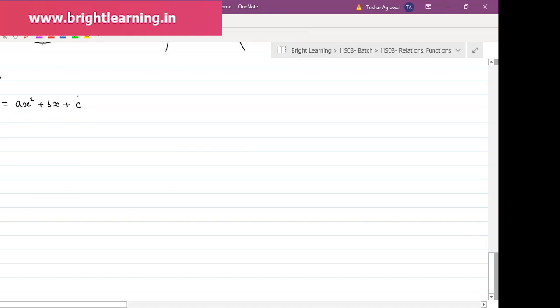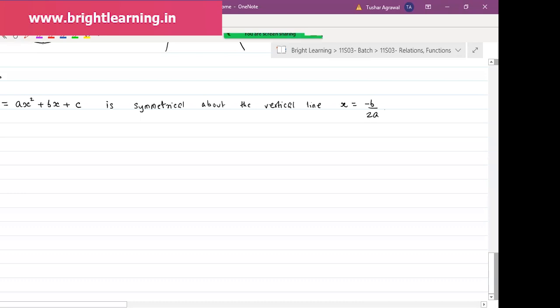F of x equal to ax square plus bx plus c is symmetrical about a vertical line. What is the equation of the vertical line? It's x equal to a constant, that is x equal to minus b upon 2a. Okay. Symmetrical about the vertical line x equal to minus b upon 2a.